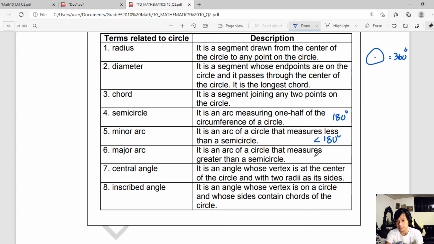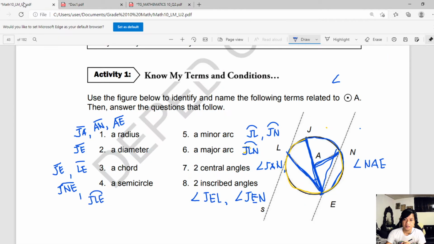Ibig sabihin, it's greater than 180 degrees. That is why yung example natin kanina, diba? So, this is a semicircle. So, yung yellow dito is a major arc because the measure is more than a semicircle. Ito naman, ito maliliit dito na arc, it is a minor arc.